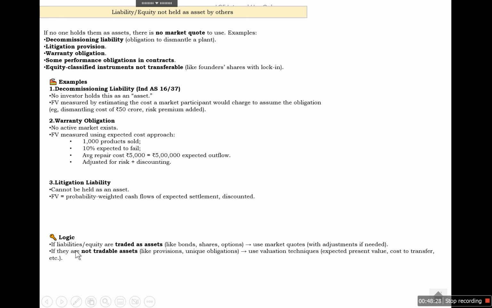So the logic is, if the liabilities and equities are traded as an asset like bonds, shares, options, we use the market quotes. If they are not traded, like provisions and unique obligations such as decommissioning liability and litigation provision, we need to use a valuation technique to evaluate the fair value.